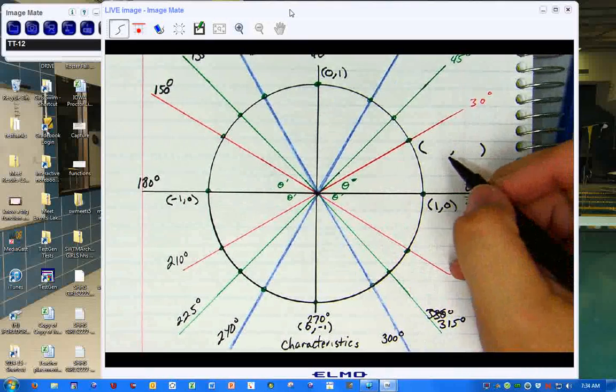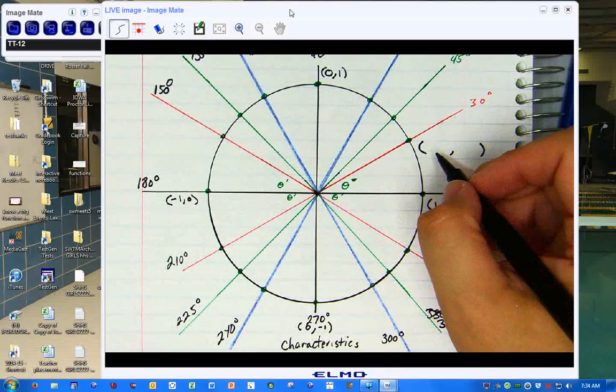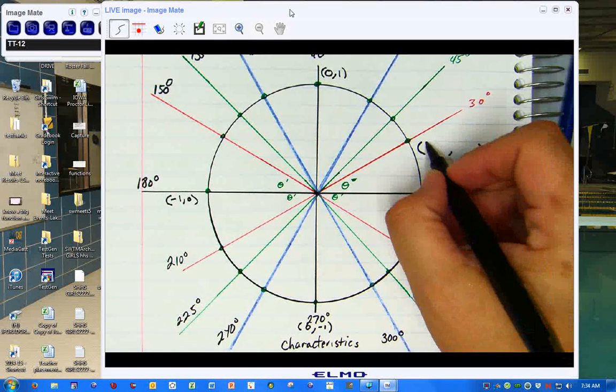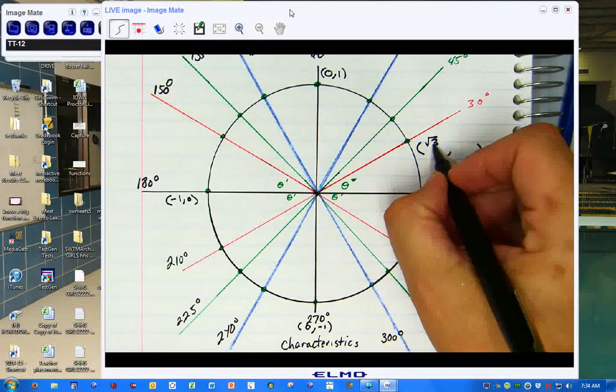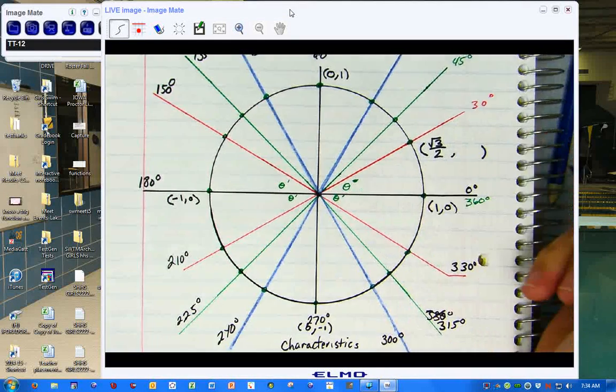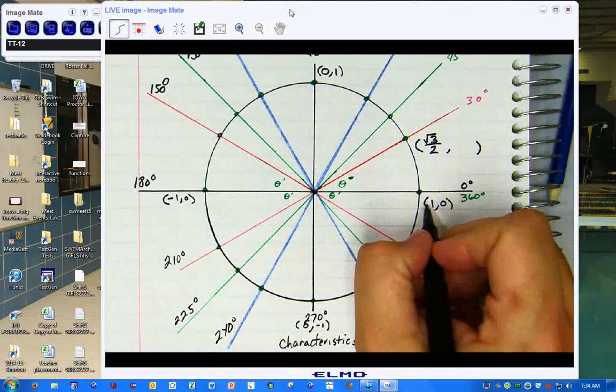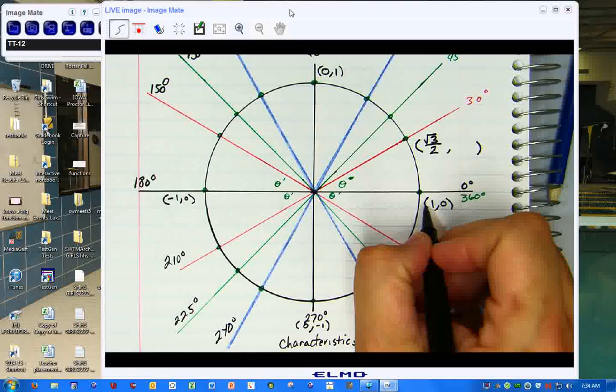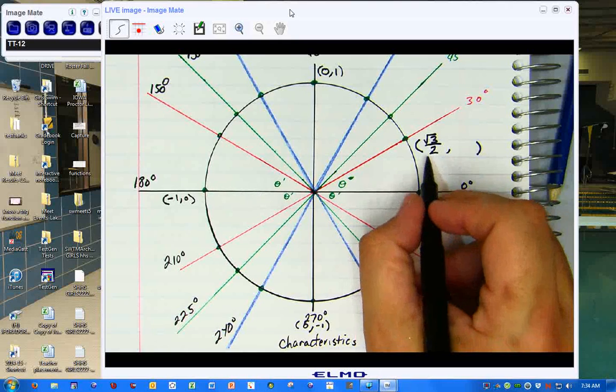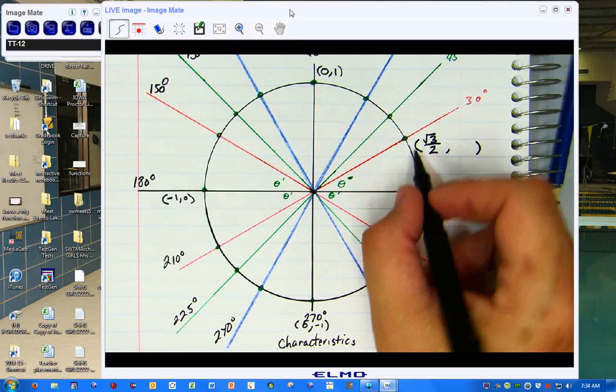Now, what is the cosine of 30 degrees? Square root of 3 over 2. If you're starting at 1, you're going backwards. 1 is kind of like the square root of 4 over 4. We're going backwards, square root of 3 over 2.